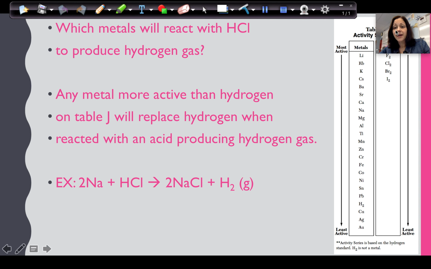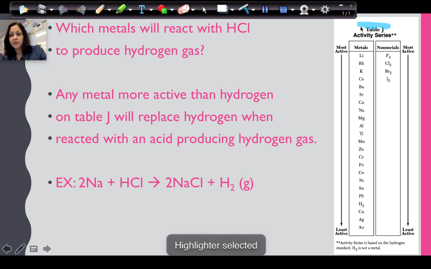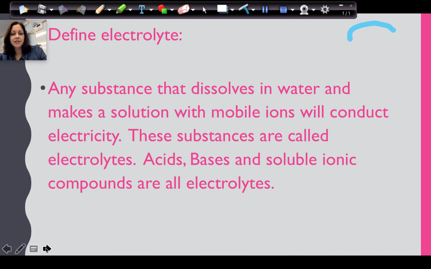When we talked about the acids and bases chapter, the first thing we talked about was the metals that will react with acid to release hydrogen gas. This is from your reference tables. This is table J, which gives us what's called the activity series.